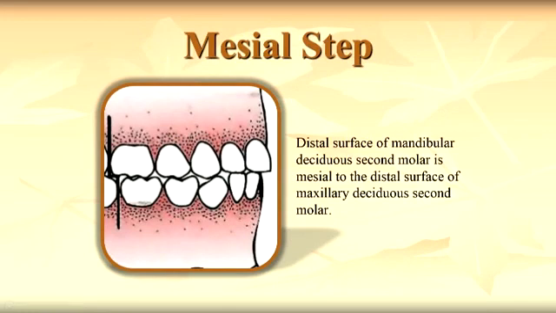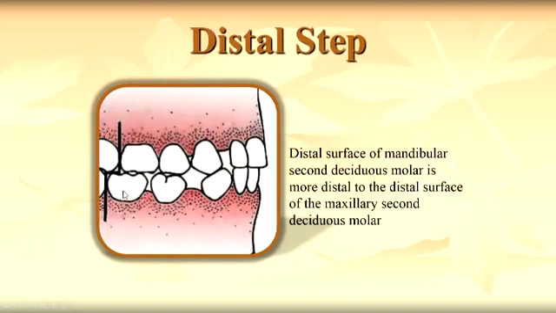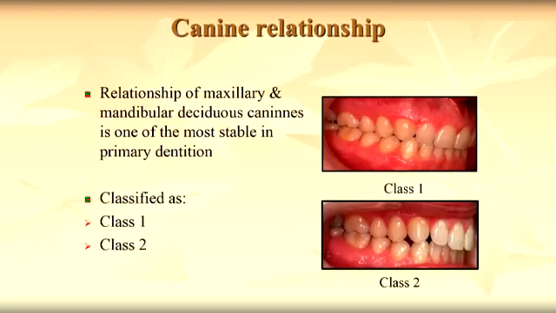Mesial step: the distal surface of the mandibular deciduous second molar is mesial to the distal surface of the maxillary deciduous molar. Distal step: the distal surface of the mandibular second deciduous molar is distal to the distal surface of the maxillary second deciduous molar.